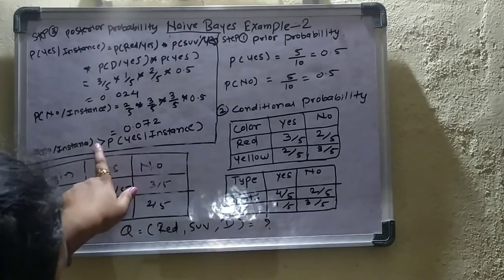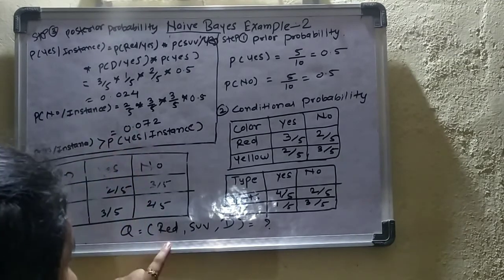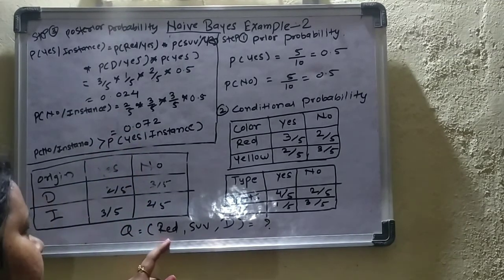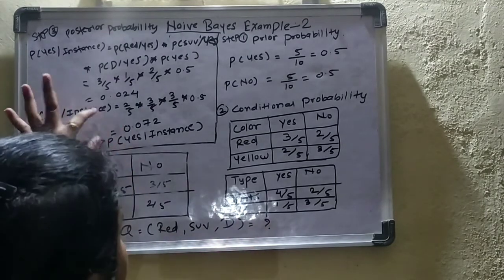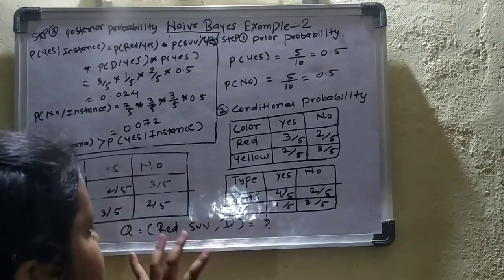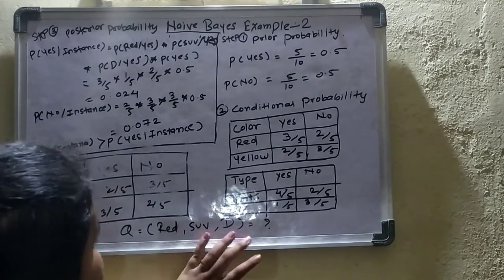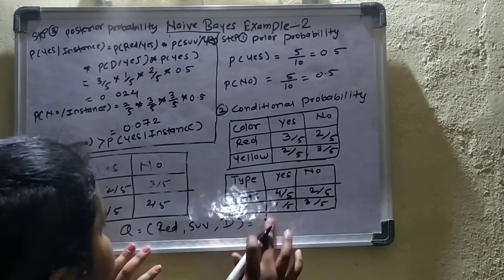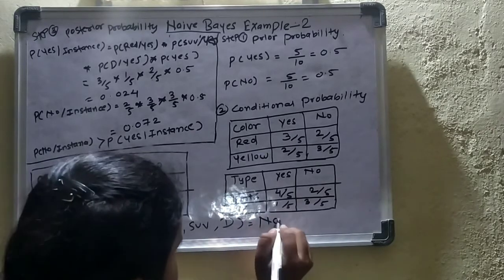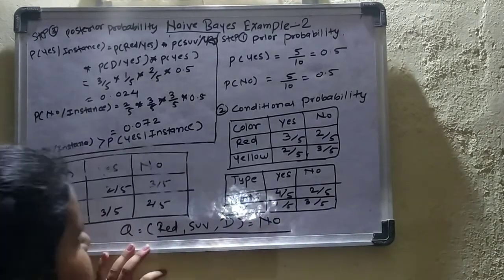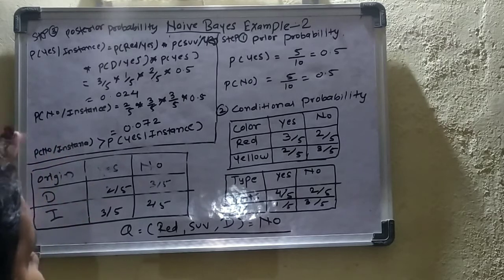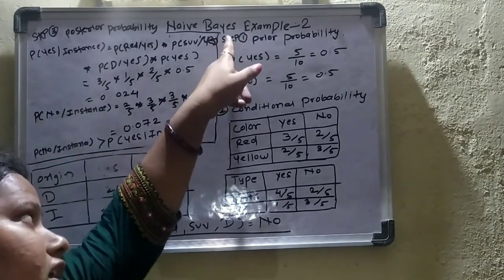So this value is greater. So for this instance, the output will be no. The car will not be stolen. If the color of the car is red, if the type is SUV, and if the origin is domestic, then the car will not be stolen. So the value will be no for this particular instance. So this is the way of solving the numerical by using the Naive Bayes algorithm.